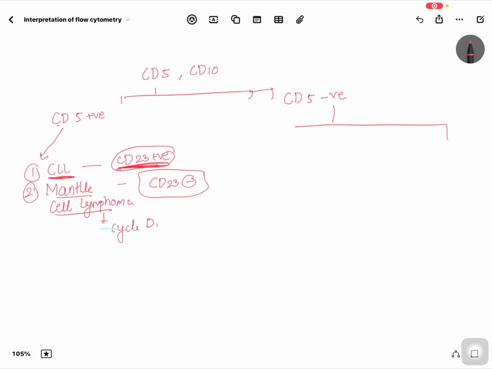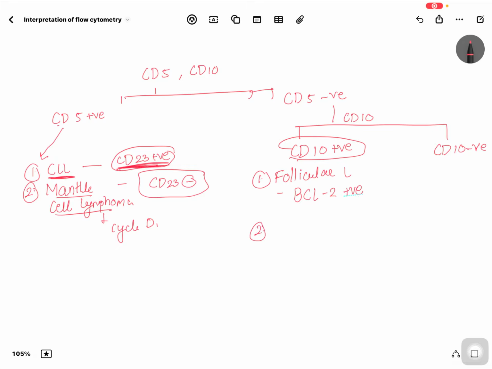Then let's go, if CD5 is negative, then again two scenarios will come. Then we check for CD10 being positive, and then we check for CD10 being negative. If CD10 is positive, what are the two things? First one is follicular lymphoma. So it is CD5 negative, CD10 positive, but apart from that it is BCL2 positive.